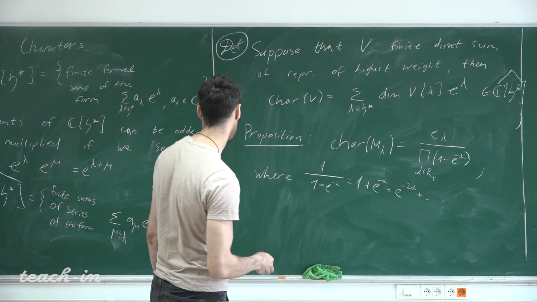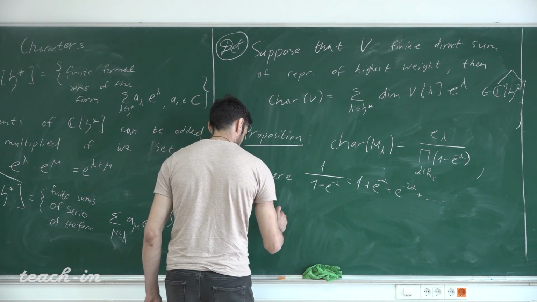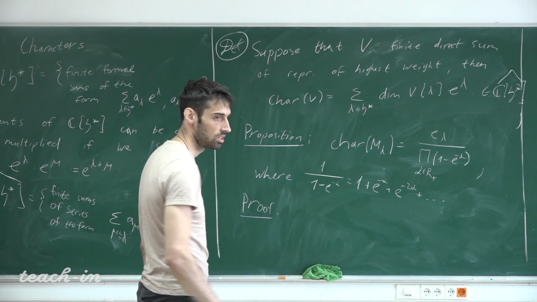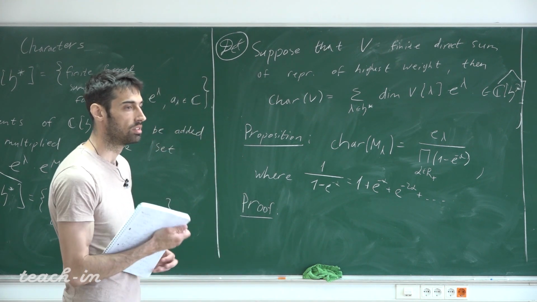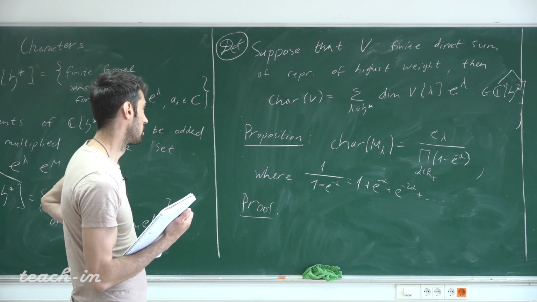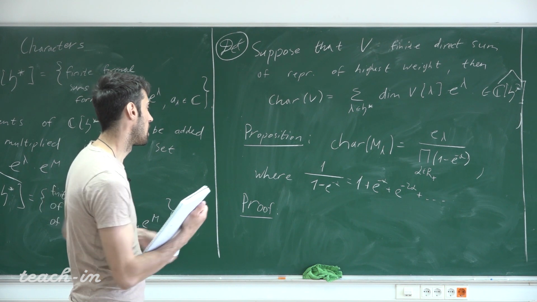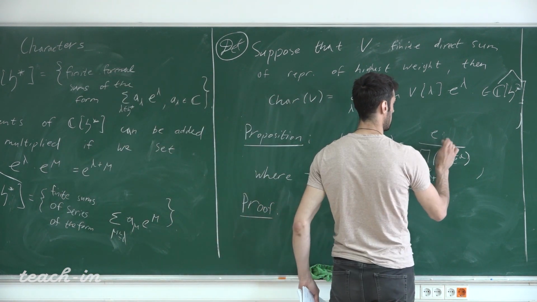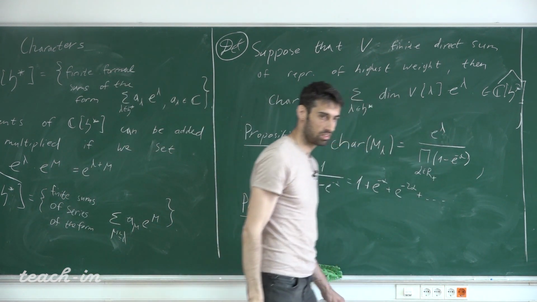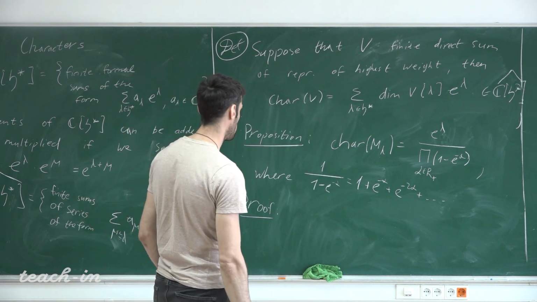Okay. Let us prove that, but it's actually obvious when it's like that. Yes. The formula for the character of the Verma module was e to the, sorry, yes, lambda here should be like that. So the proof is like that.